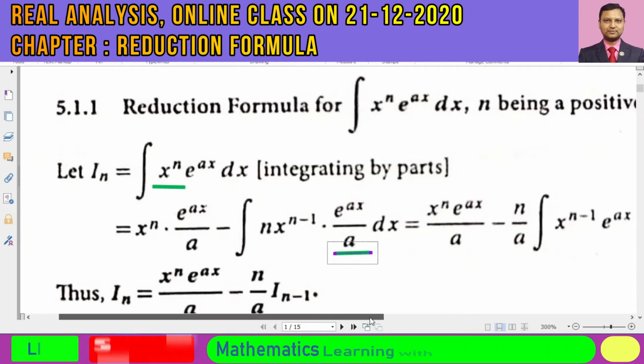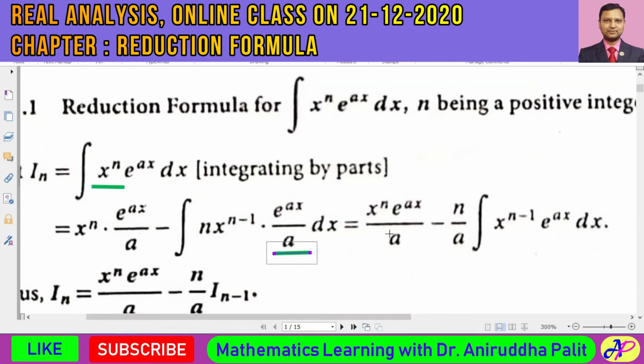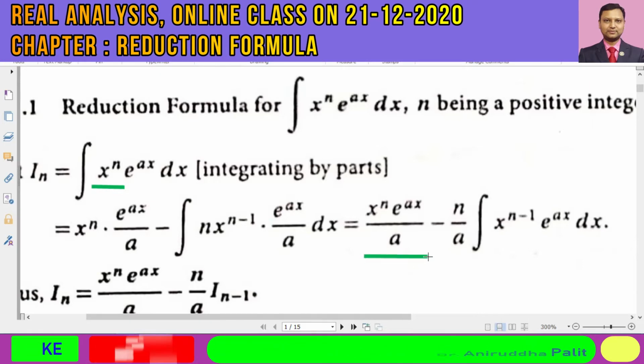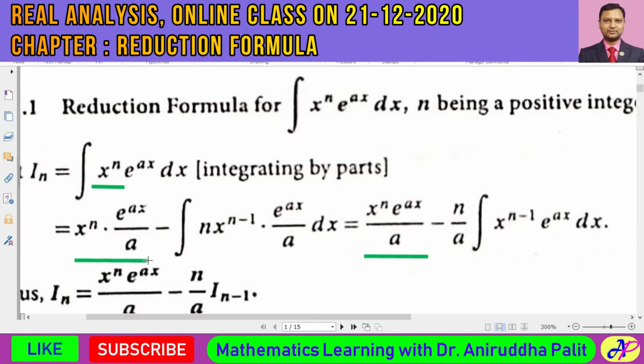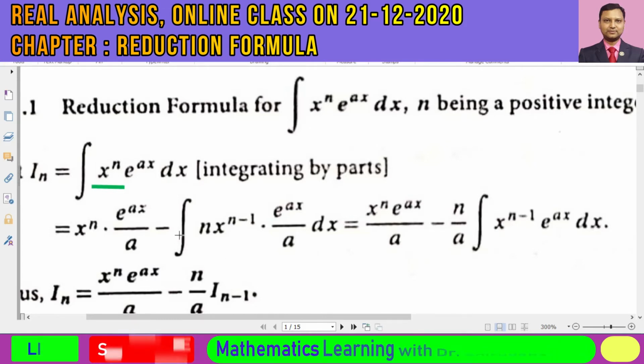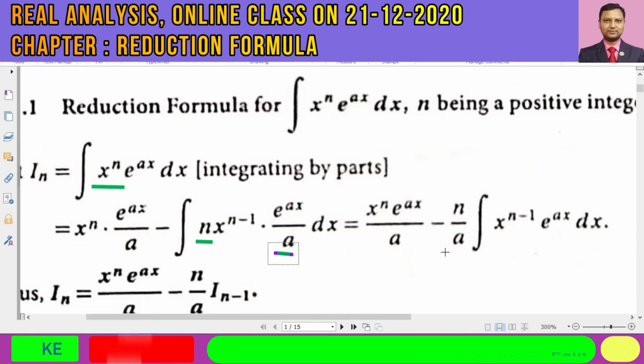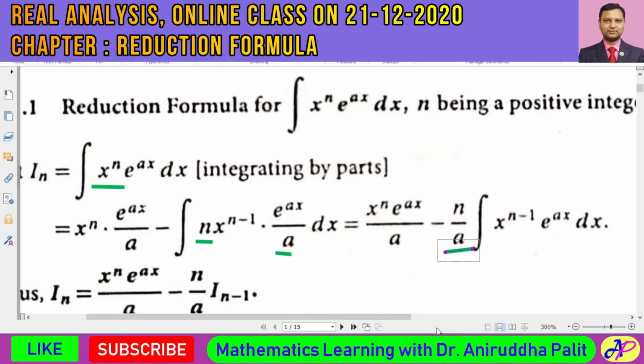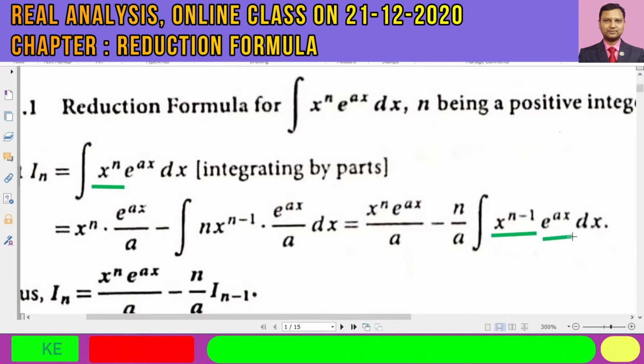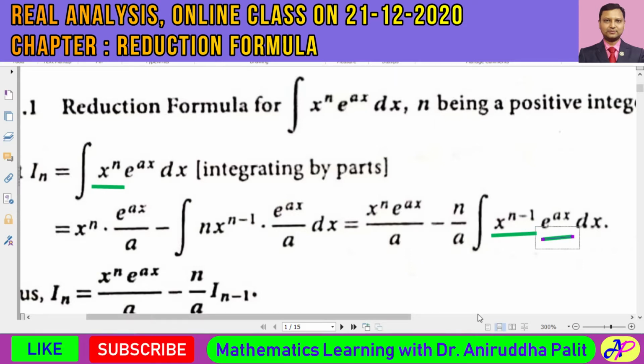And afterwards we are keeping this first term same as this expression, and then this n divided by a has been kept outside the integral sign. Then finally we have x to the power of n minus 1 into e to the power of ax dx.